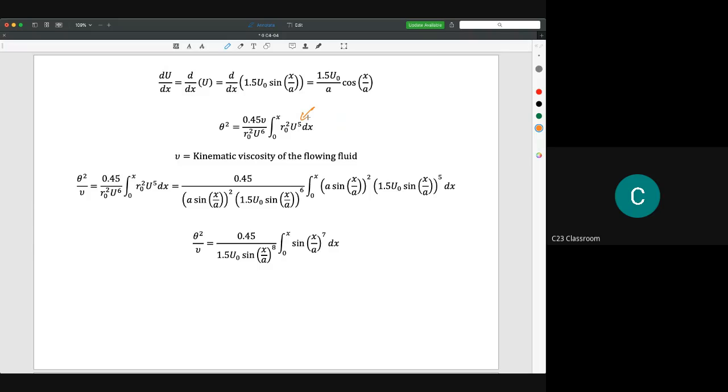So in this calculation, let's say we bring the theta square over nu to the left hand side. So we have this term. So we substitute the value of u to the power of 6 of this one. And then this is the value of r naught square, and this is the value of u to the power of 5.